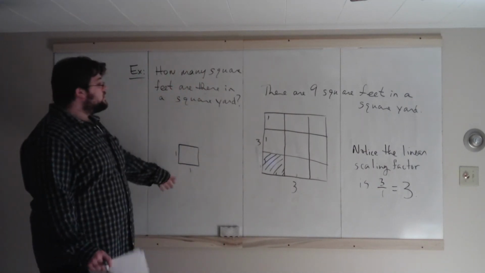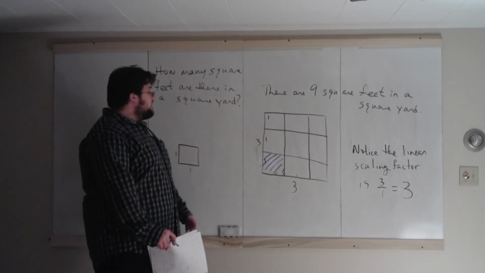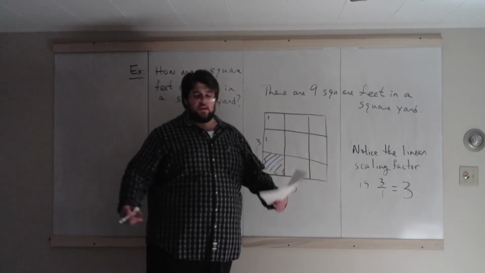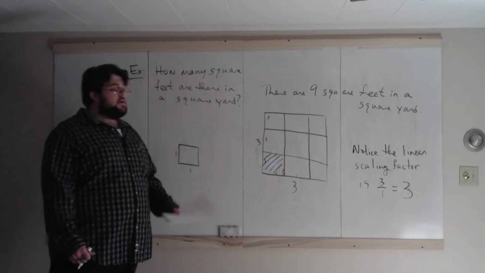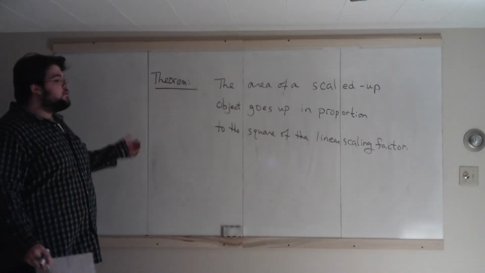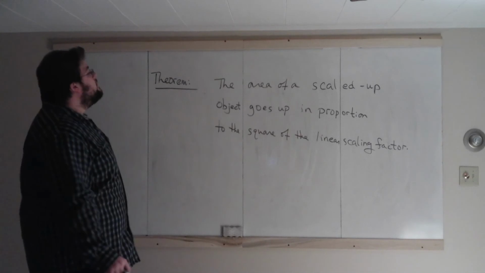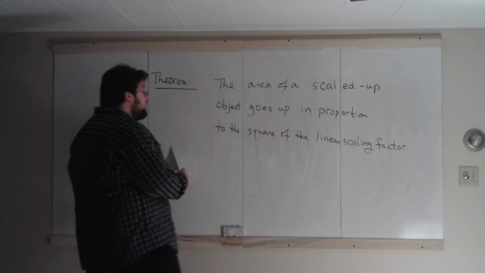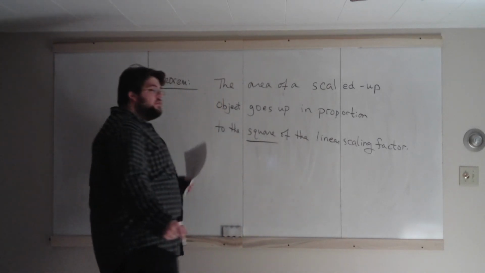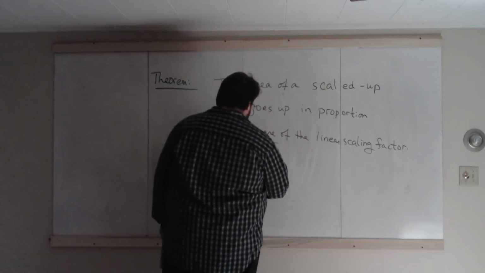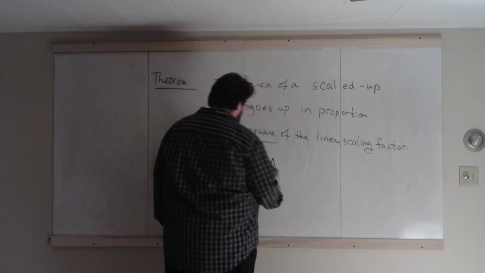So here the linear scaling factor is 3, and the area went up by a factor of 9, which is 3 squared. So let's record that as a theorem. Here we have the area of a scaled up object goes up in proportion to the square of the linear scaling factor. And there is a notation for this. I will write it down. I won't use it too much.